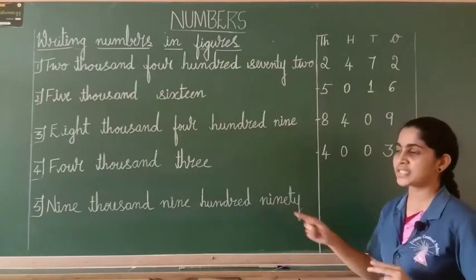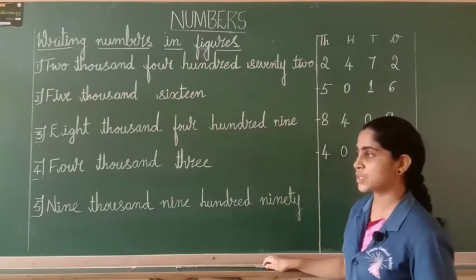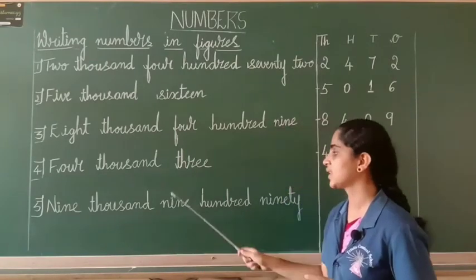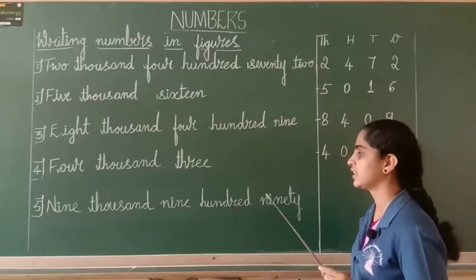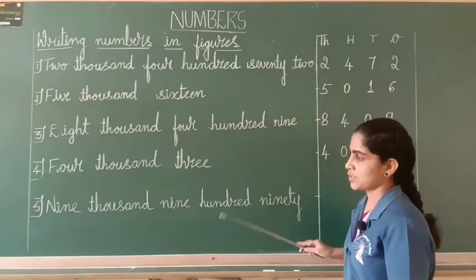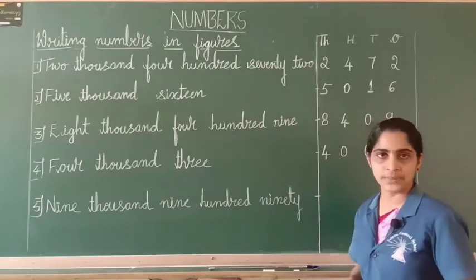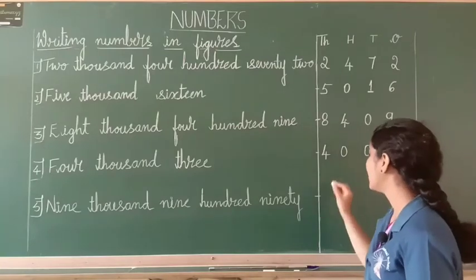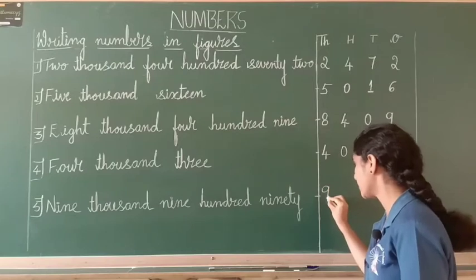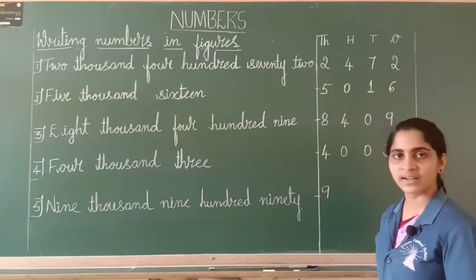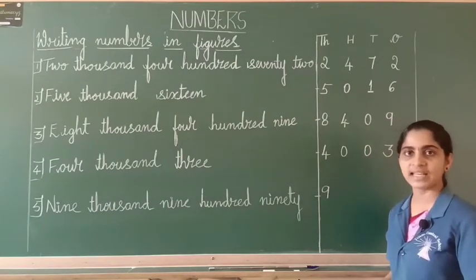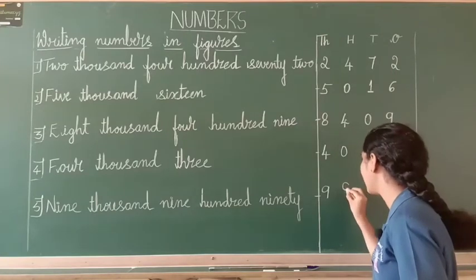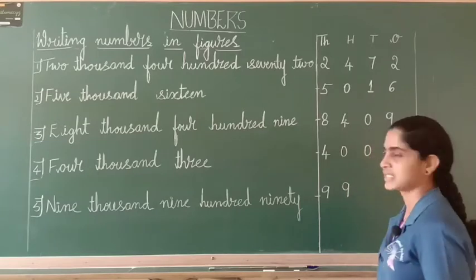Let's move to the next example, that is the last one. You can see the number here, 9,990. So, in this example, how many thousands are there? Yes, there are 9 thousands. And how many hundreds? Yes, again we have 9 hundreds. So, let's write 9 in hundreds place.